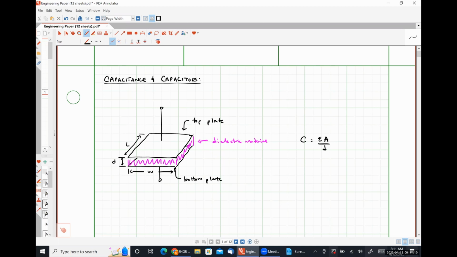So let's talk very briefly here about how a capacitor works, as it were. Okay. So imagine that I have this connected to some voltage source. Okay.